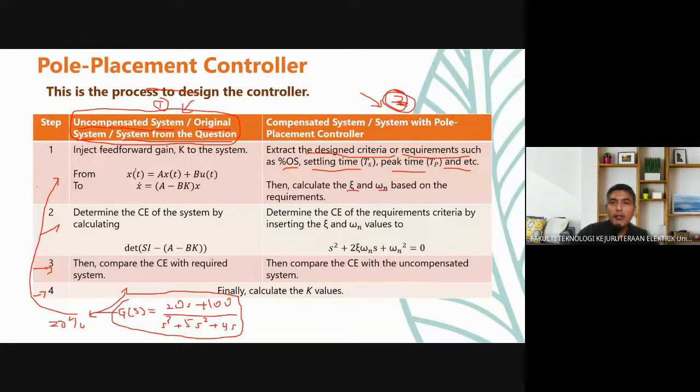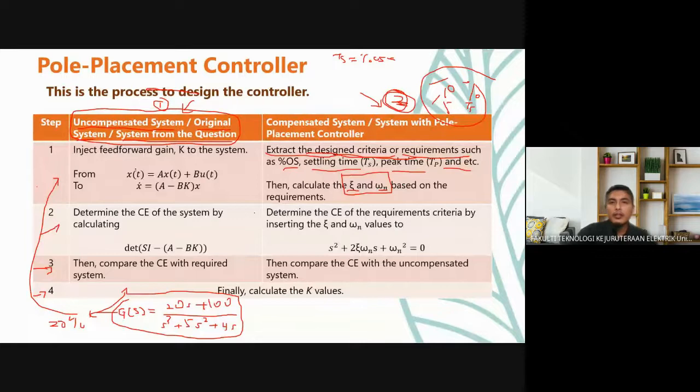However, you want about 10% overshoot and 5 seconds settling time. That is why you need to extract the design criteria: 10% overshoot and 5 seconds settling time. Based on this, because you have Ts and percentage overshoot, if you still remember the formulas for percentage overshoot and settling time, you can calculate these two values, damping ratio and natural frequency.